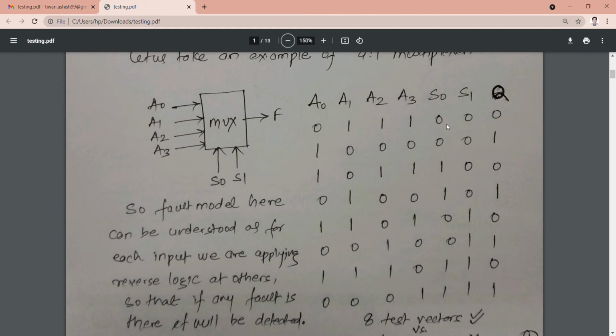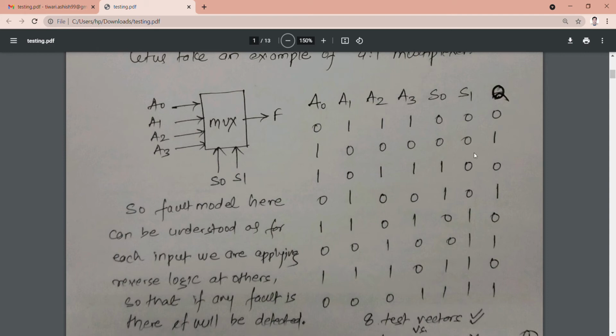Suppose I am applying 0, 0, then 0 is coming at the output, and for the next input, if I apply 1, then it is coming as 1. So when I apply 0, 0 as the select lines, it is going to select the input A0, and that A0 will propagate to the output. At one time it will be 0, and another time it will be 1.